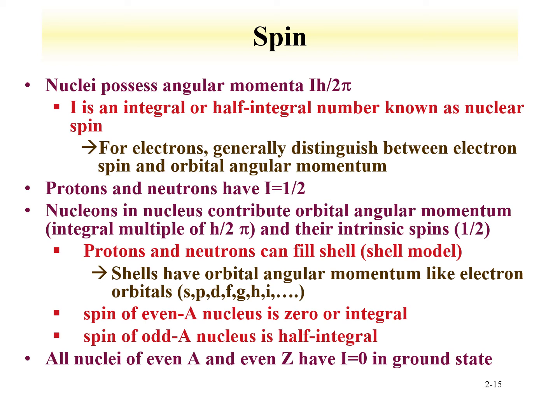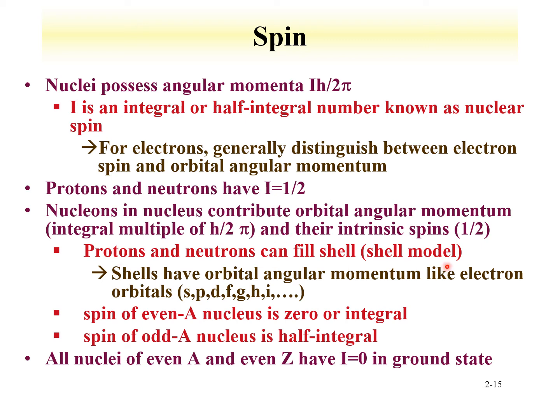That's why on the chart of the nuclides, anything that's even doesn't have spin information, because it's assumed to be 0+. Protons and neutrons are going to fill shells in the shell model, just like electrons. They're going to have orbital angular momentum, just like electrons, except we're going to go to g, h, and i. So they're going to be a little bit different than electrons.